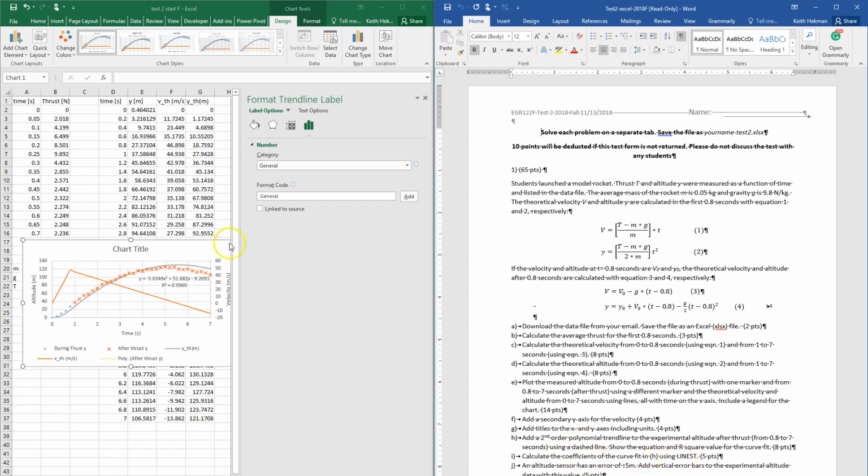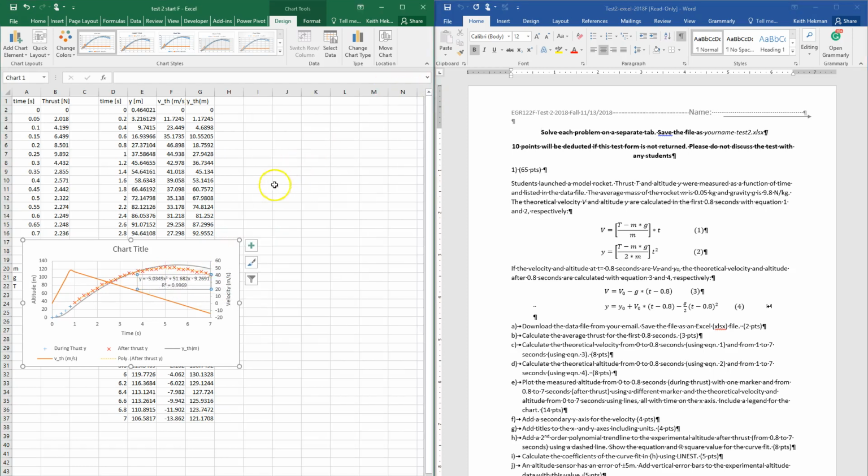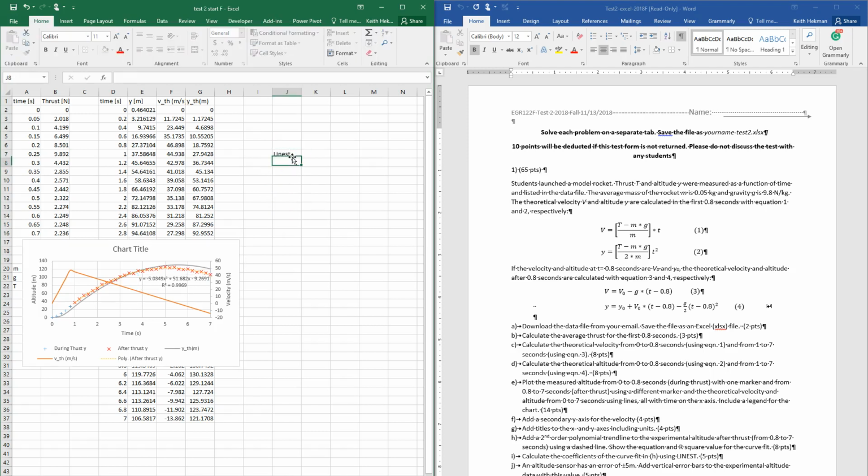And then we also want to do our curve fit parameters using LINEST. The known y's are here. Then the known x's are your time.